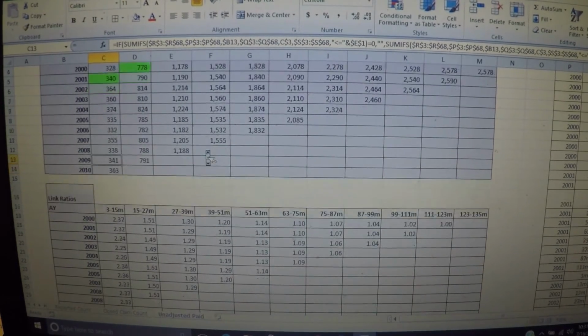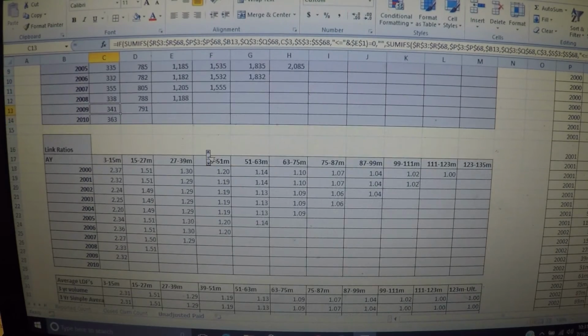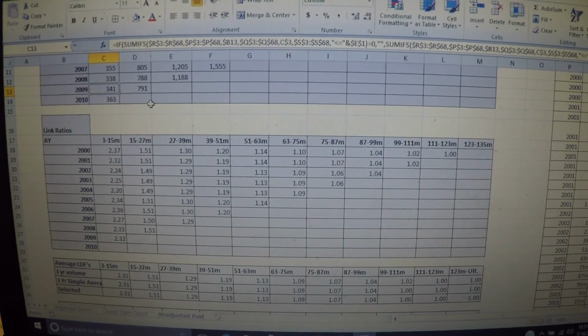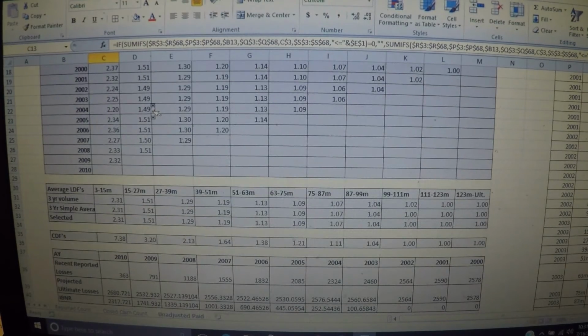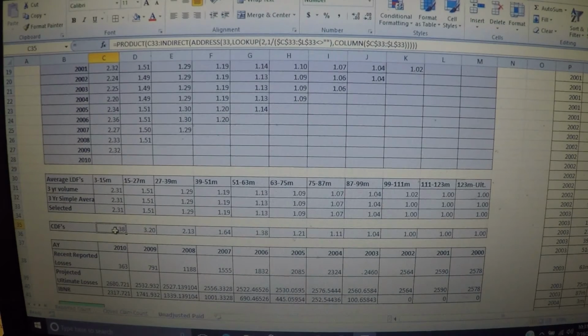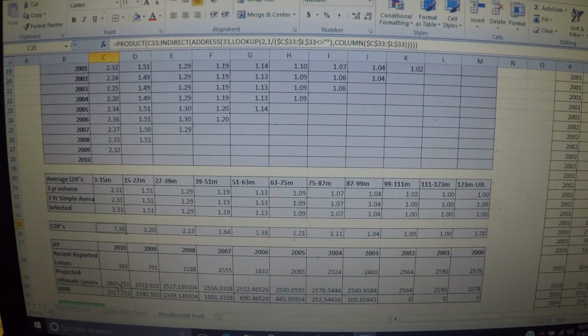So I take my recent reported losses, that's just the diagonal of my reported loss triangle, and then I multiply them by the CDFs, as I mentioned. So as I mentioned before, taking 3.78 times 363 gives me an estimate for my projected ultimate loss.